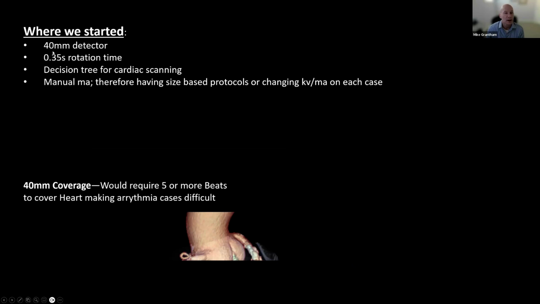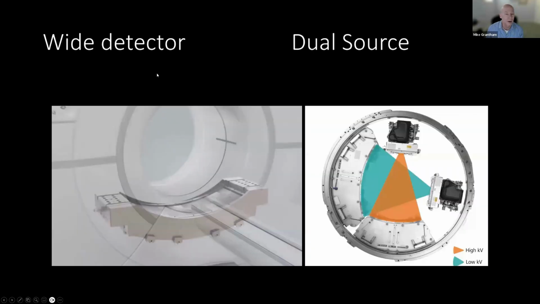We started back in 2007 doing coronary CTAs on a 64 slice scanner. It had 0.35 rotation speed, and our studies were pretty challenging back then. Now we have newer scanners, so life is a lot easier.